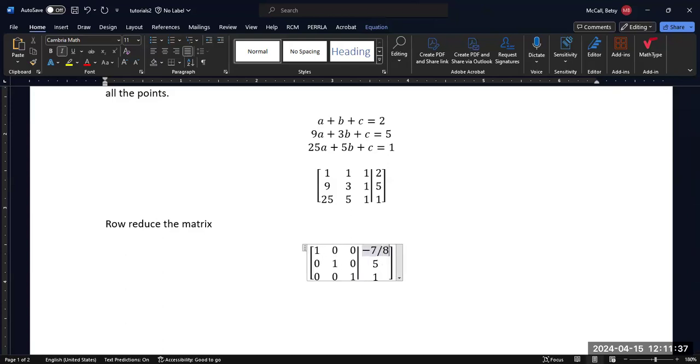So -7/8. And for this one, I got 5. And for this one, I ended up with -17/8.